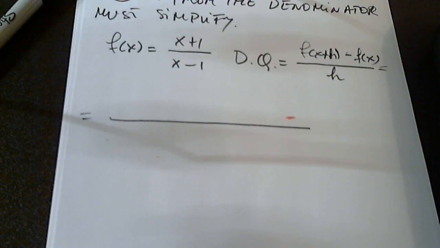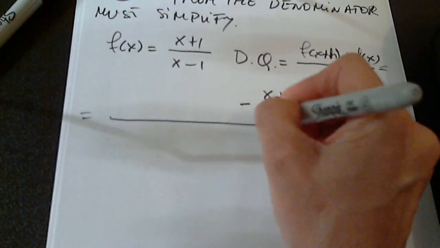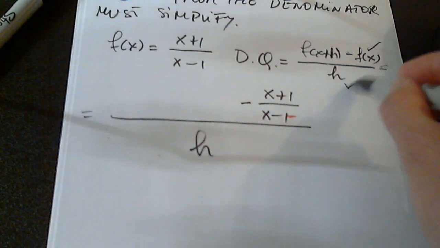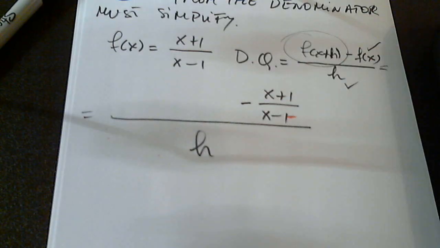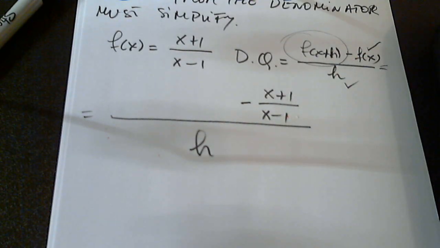So, can anyone give us f of x plus h? This is already here. I need to determine this. Can anyone help us with f of x plus h? x plus h. Yes. Parentheses. There is no need for the parentheses, but you are correct. It's not wrong, but we have nothing in front.